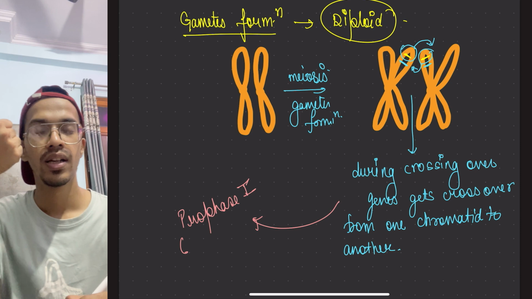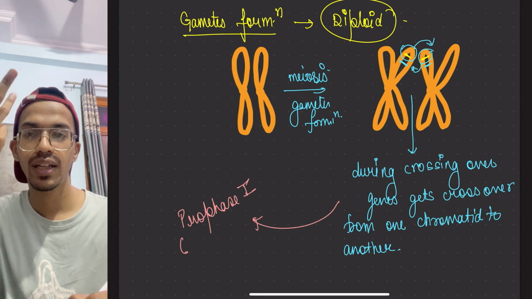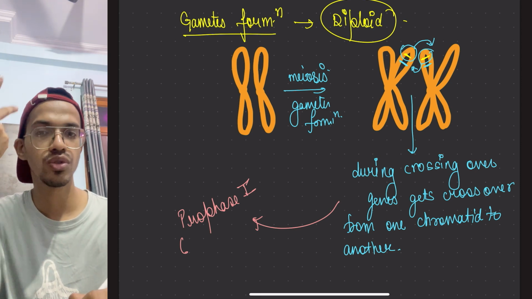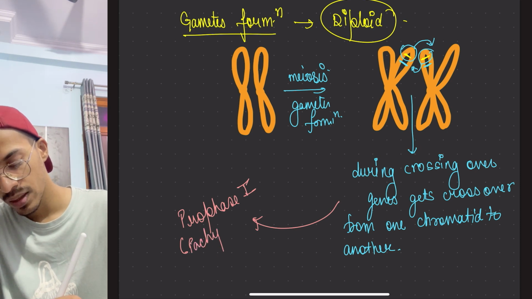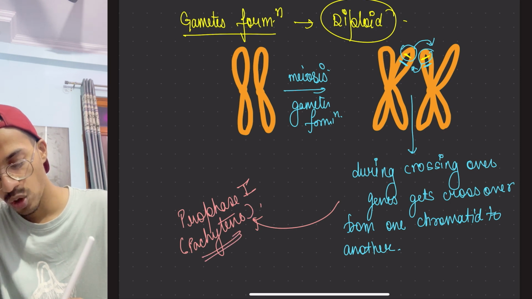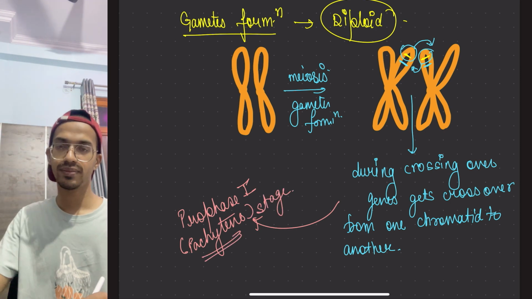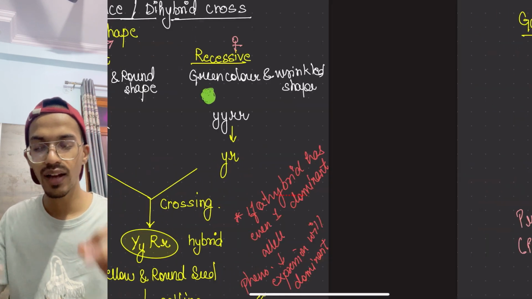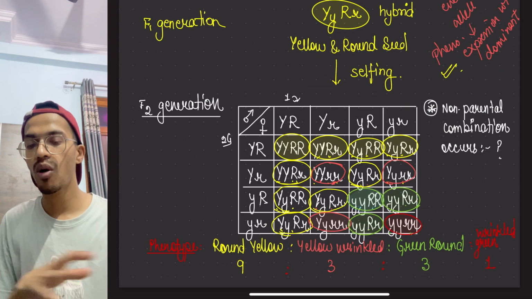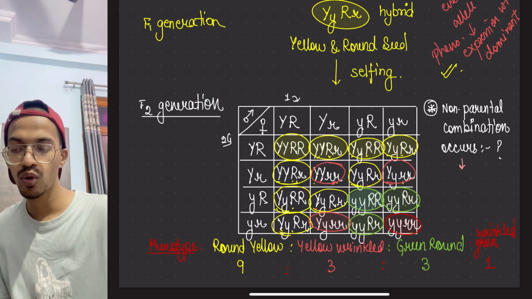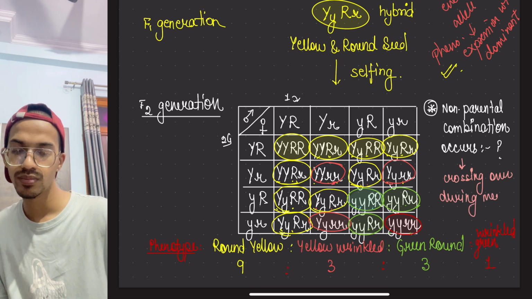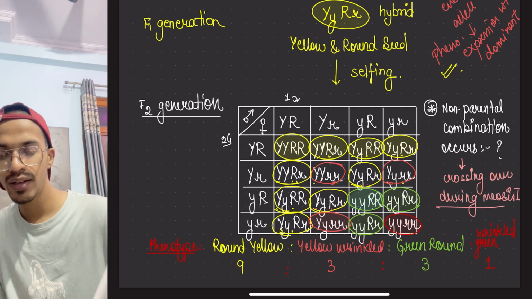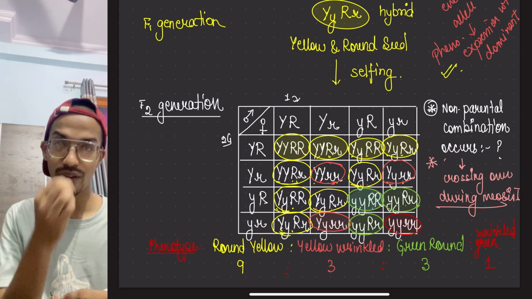We have leptotene, zygotene, pachytene, diplotene and diakinesis. So during the pachytene, the third one, this crossing over occurs. So we understand a little how these non-parental combinations occur because of crossing over during gamete formation, or meiosis 1. This is the understanding you have to remember.